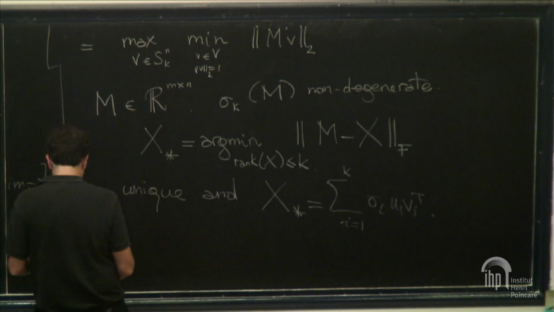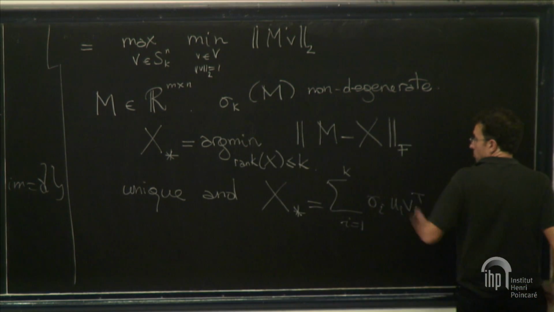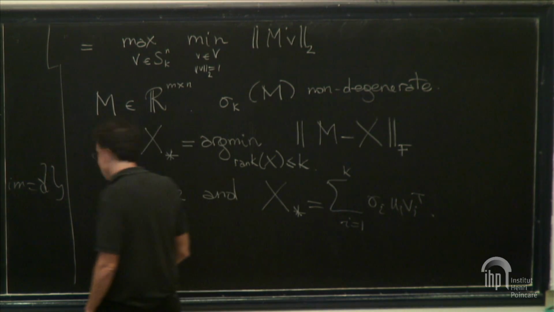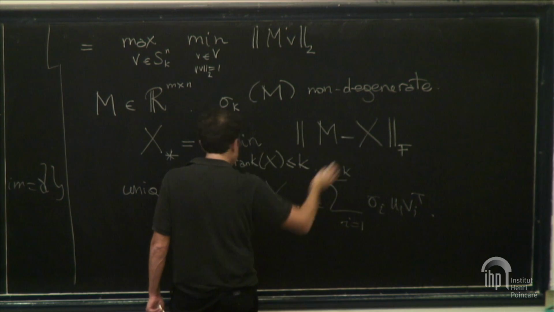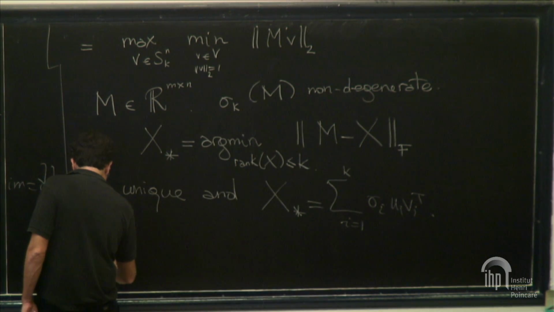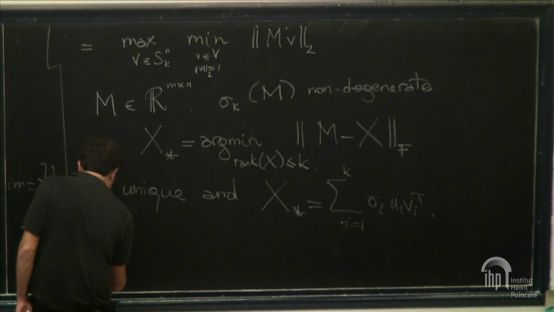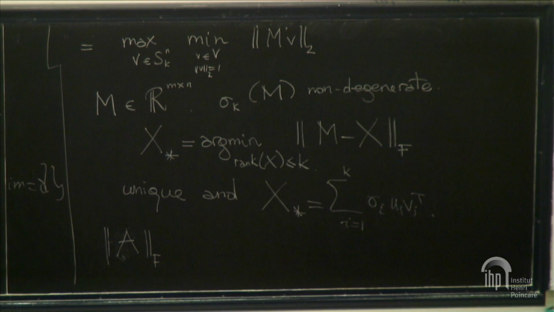Now here I introduce something that is the norm of the matrix. This is a useful thing to have. So we'll use two norms basically in this class. One is the Frobenius norm. The Frobenius norm of a matrix, let me write A, is just the norm of the matrix if you forget that it is a matrix.